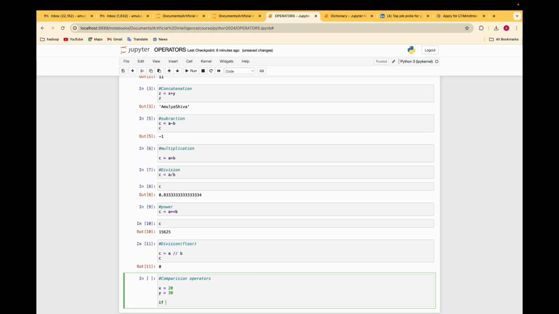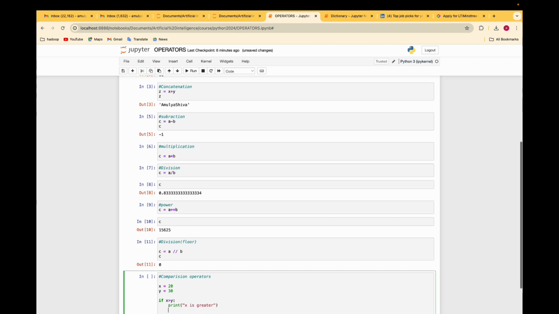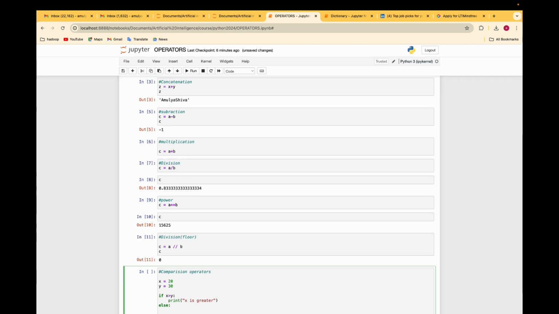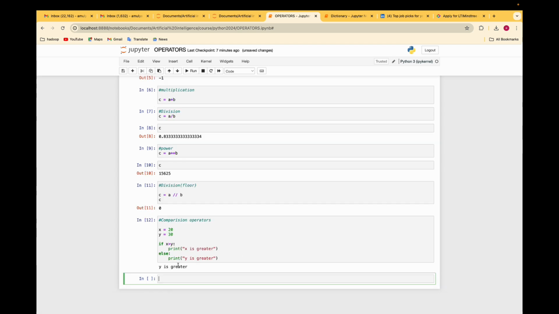Let's take the condition: if x greater than y, print x is greater, else print y is greater. So let's run this. Y is greater.